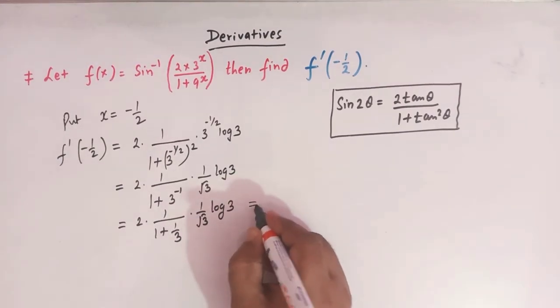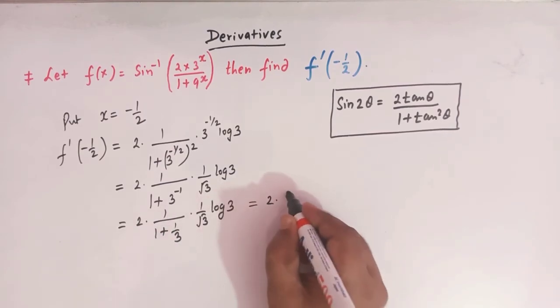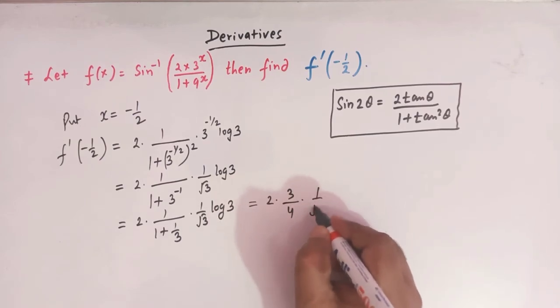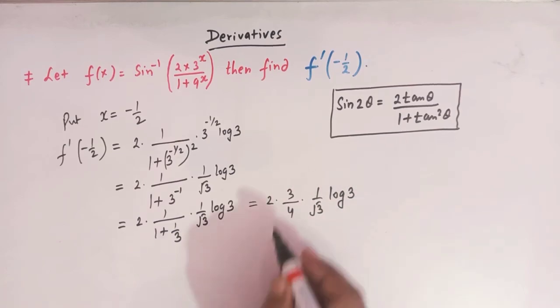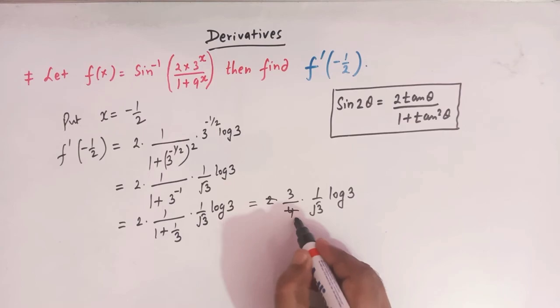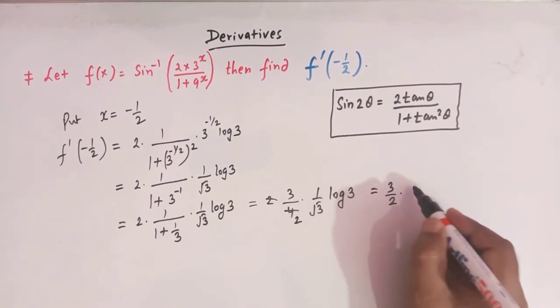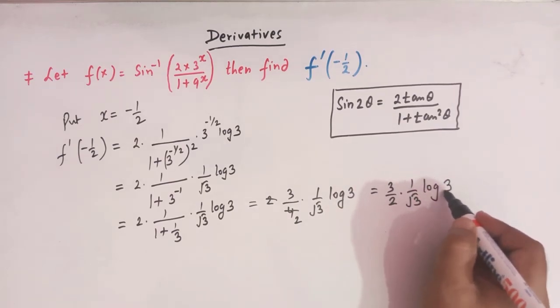So now this can be written as, this is 4 over 3, so this is 2 times 3 over 4, and here we have 1 over root 3 log of 3, right? So we can cancel this 4 by this 2, so we have 3 over 2 times 1 over root 3 log of 3, right?